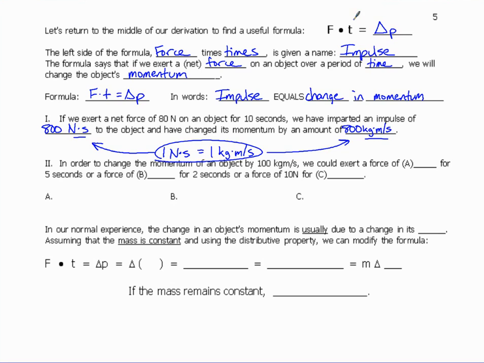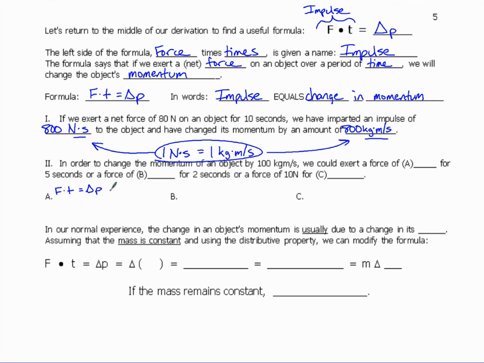Looking back up here, force times time, I'm going to label this as impulse. In order to change the momentum of an object by 100 kilograms times meters per second, we could do it in a few different ways. Force times time equals change in momentum.